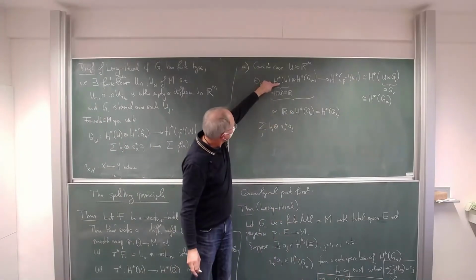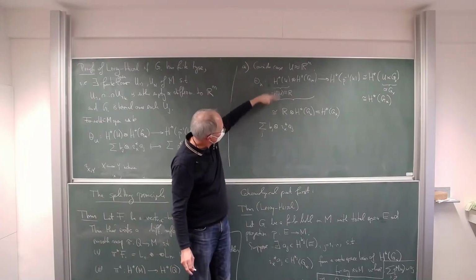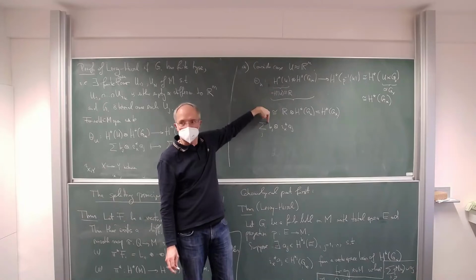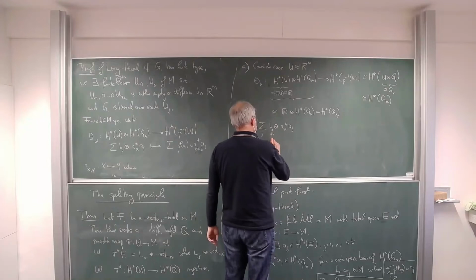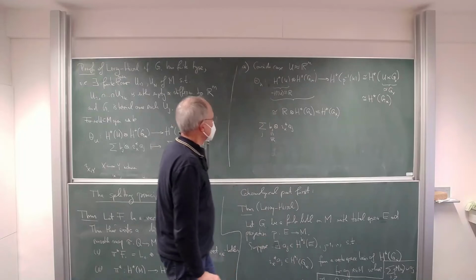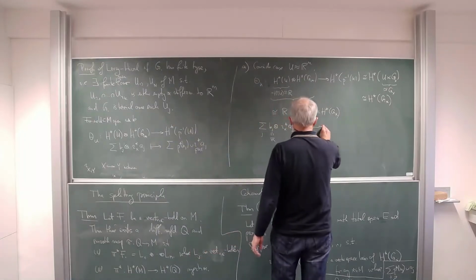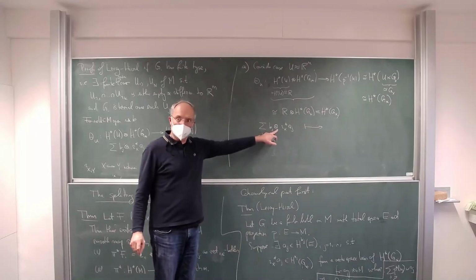First, we have identified this H0 part with R, so under this identification these Bj's are just real numbers. And so I could also leave out the tensor product here if I wanted.